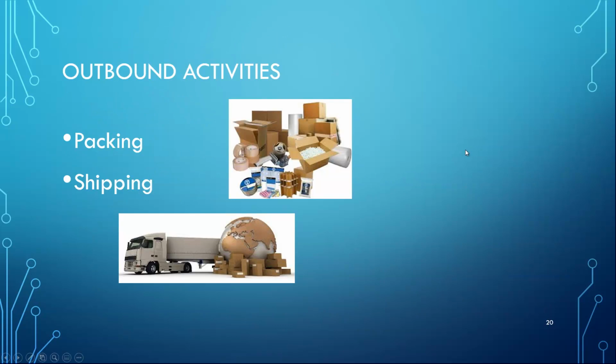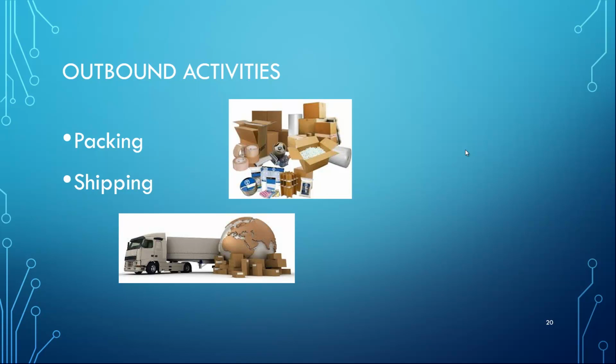The outbound activities include packing and shipping. The primary task for packing is to minimize damage that could occur after an item has left the production line. In the warehouse, the item is subject to a variety of situations where damage could occur.